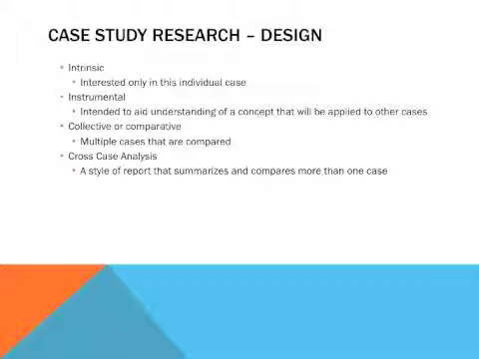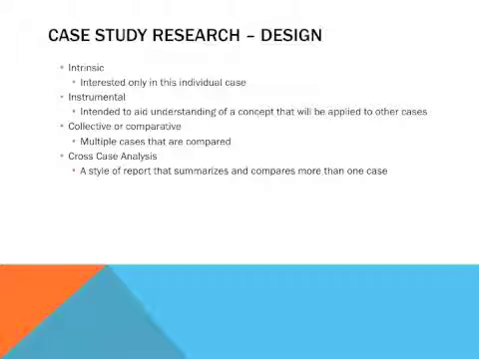And instrumental is the second type of case study research design, which is intended to aid understanding of a concept that will be applied in other cases. And then collective or comparative cases is when multiple cases are compared.